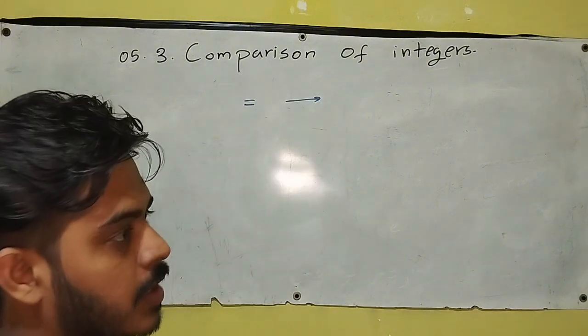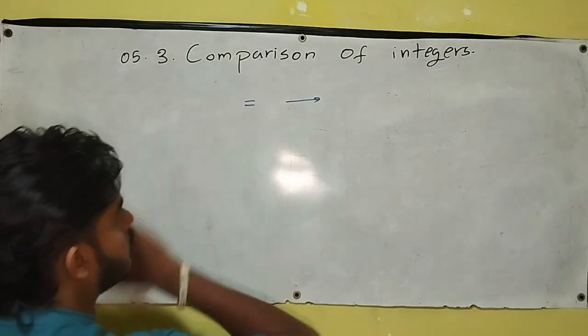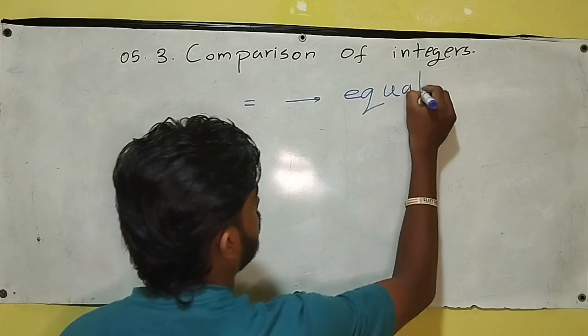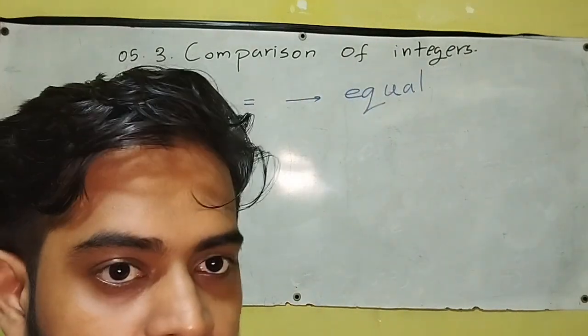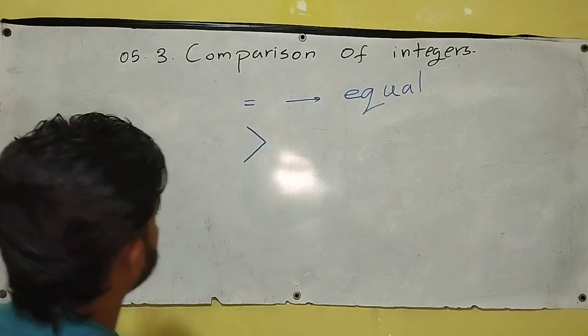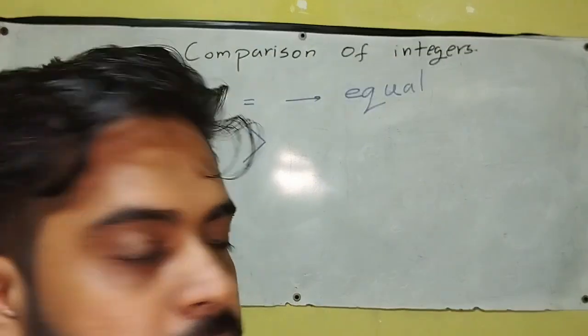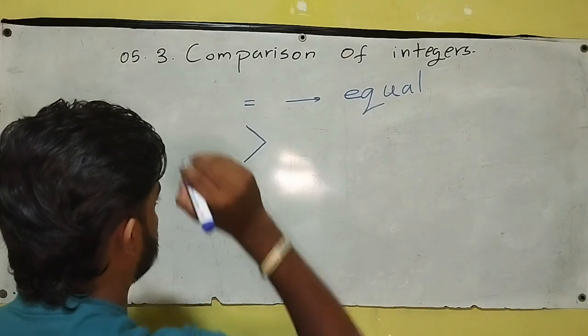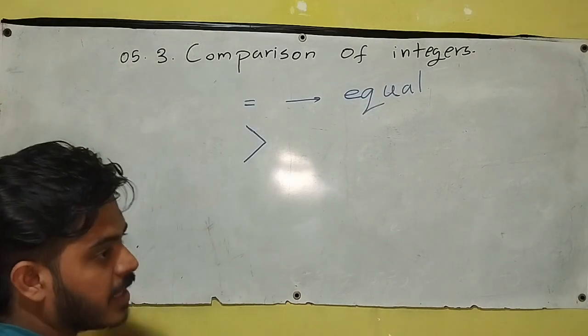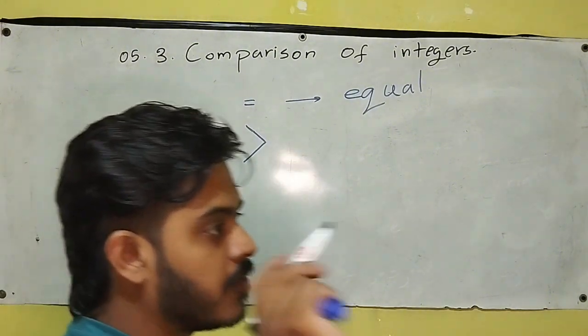Now I am going to offer a word for this mark. This is equal. This is equal. Okay. For this one, how about this? Do you know about this? Okay. This one we can write down using words. How?